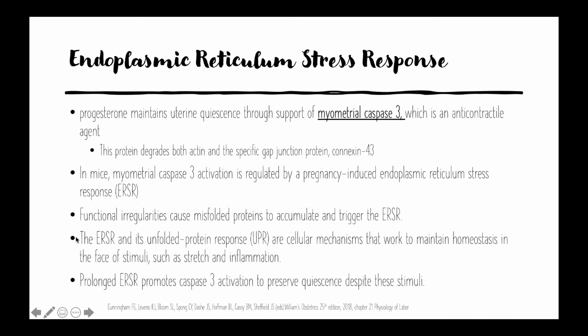Functional irregularities cause misfolded proteins to accumulate and trigger the ERSR. The ERSR and its unfolded protein response are cellular mechanisms that work to maintain homeostasis in the face of stimuli such as stress and inflammation. Prolonged ERSR promotes caspase 3 activation to preserve quiescence despite these stimuli.